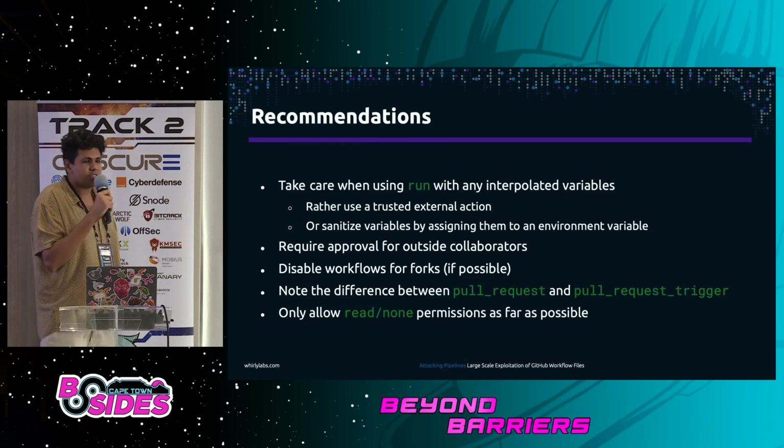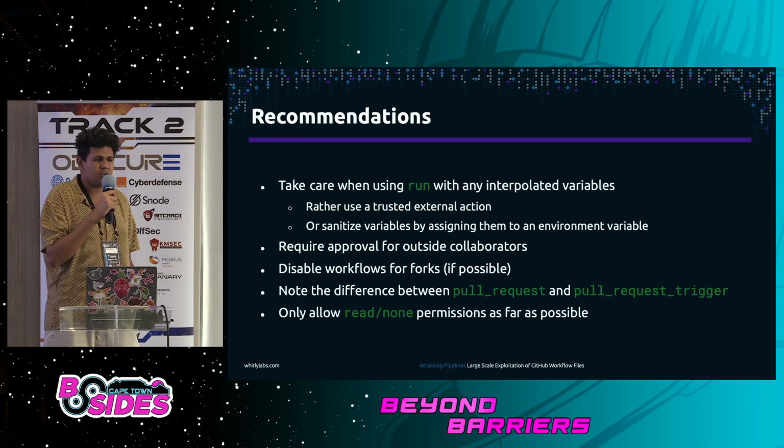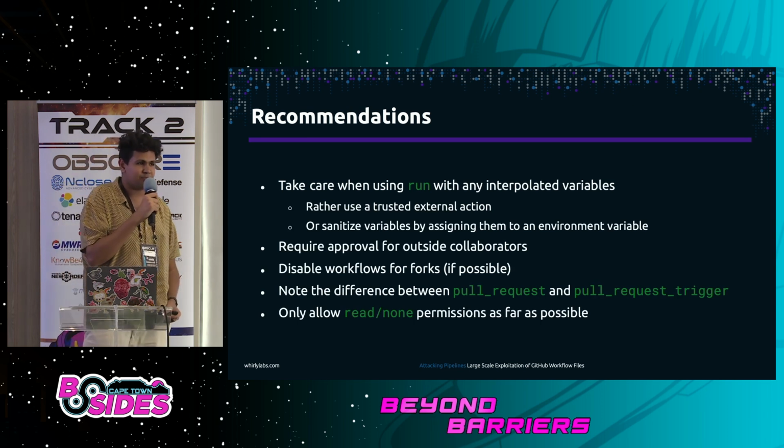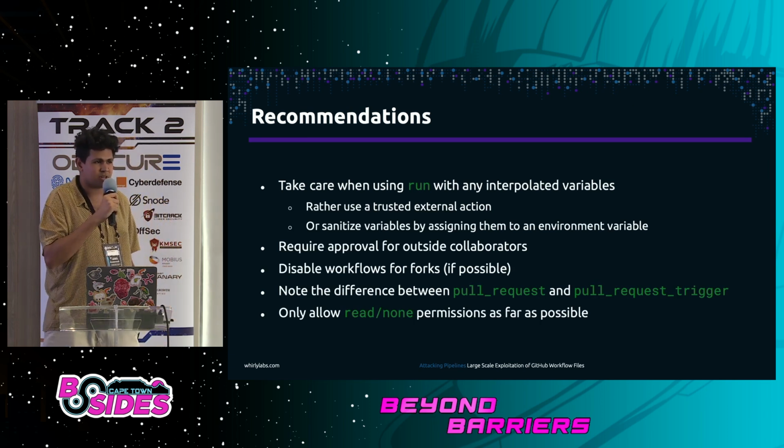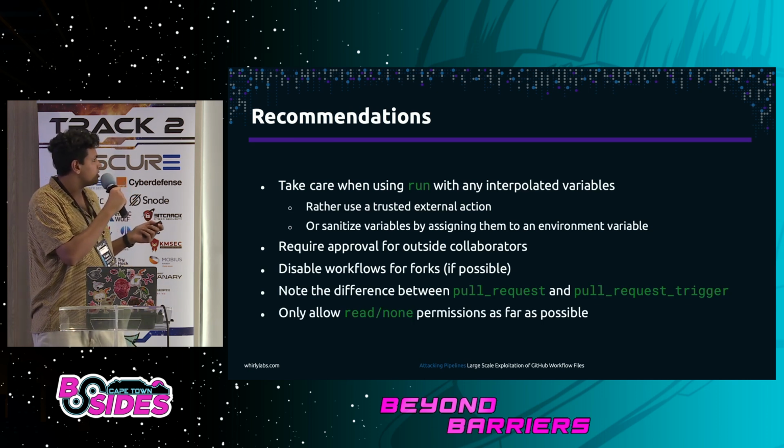So the recommendations when writing GitHub Actions: don't use run. Wherever you can, not use run, because that is just asking for trouble, and somebody later is going to come and make a modification to the run file, which makes it vulnerable. But there are other ways to do this.